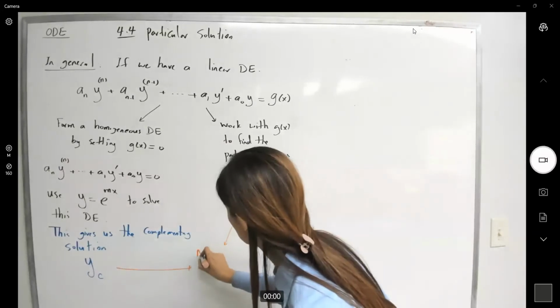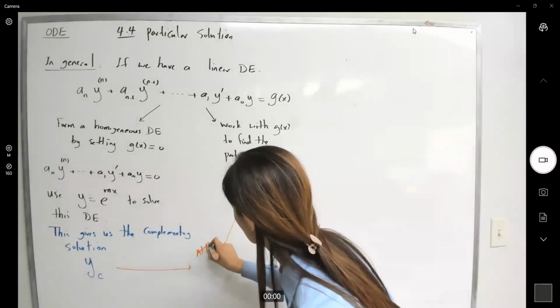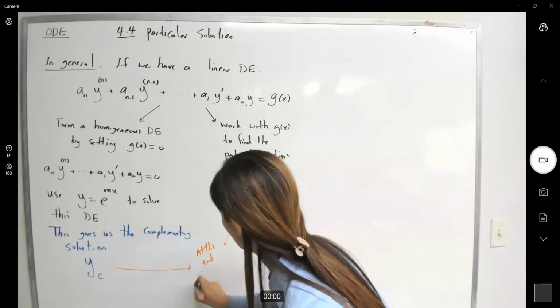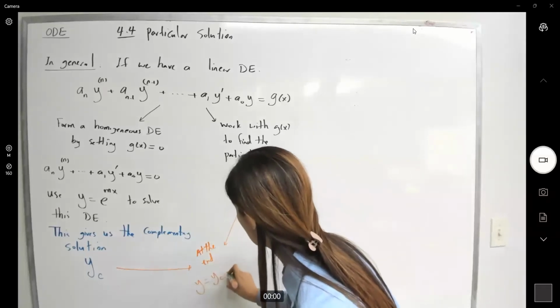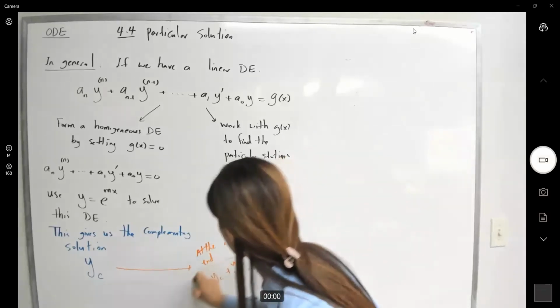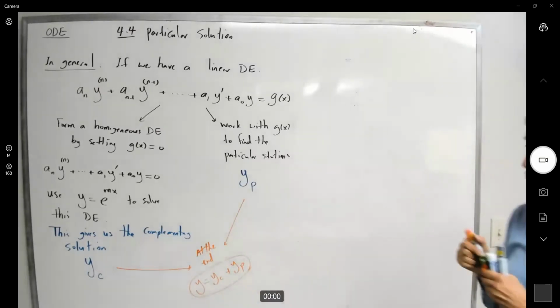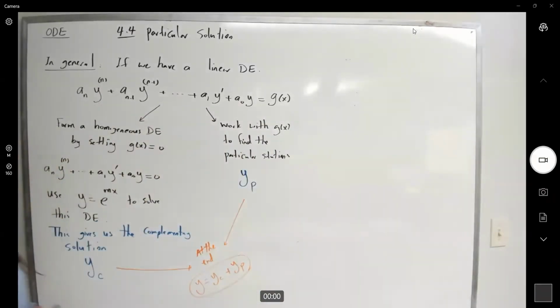At the end, y is y sub c plus y sub p. In 4.1, 4.2, 4.3, we went over different techniques to find y sub c.